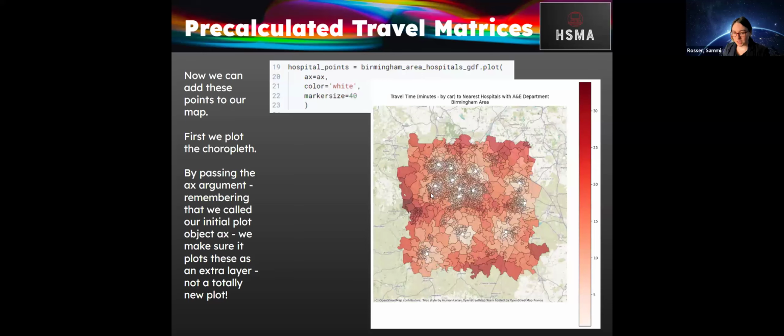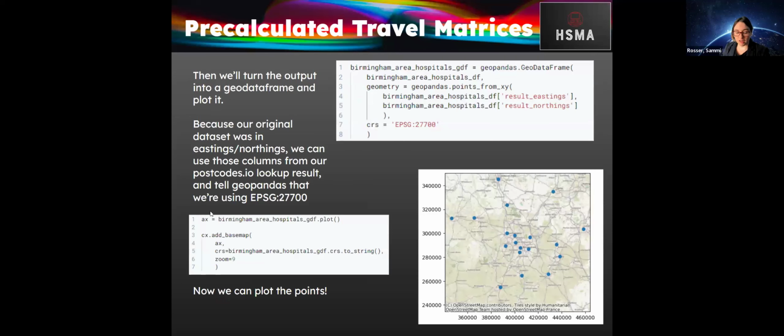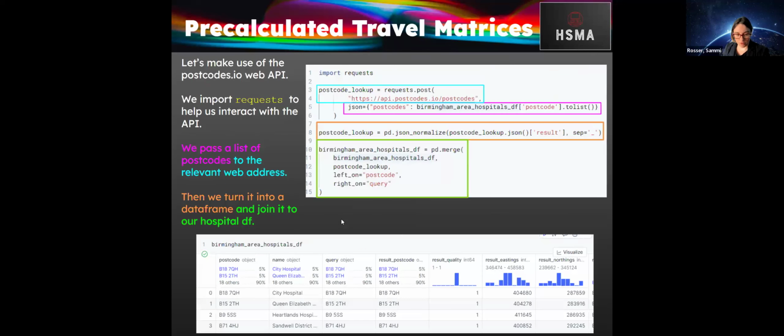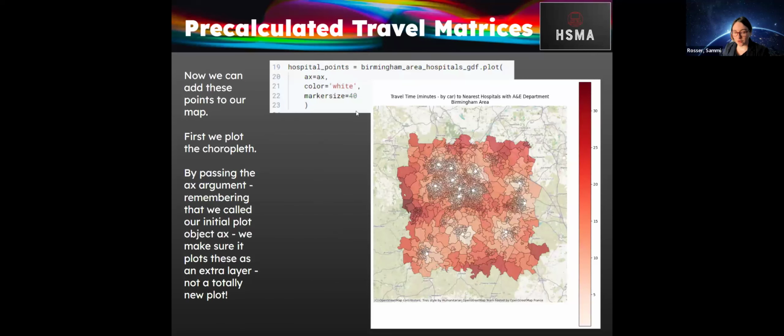Here it's maybe not the clearest because I chose to use white, which in retrospect was not the greatest idea. But you can see that we have these individual points plotted on top of our choropleth. Remember, we plotted our choropleth and saved that as ax.